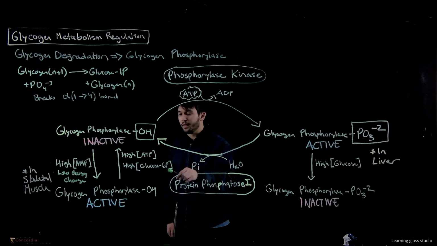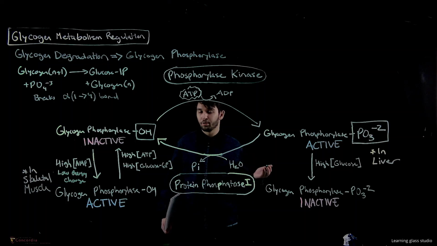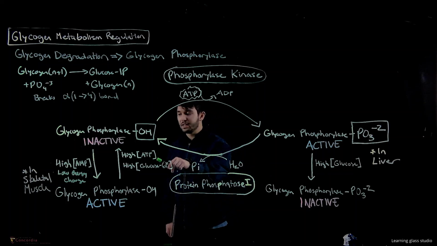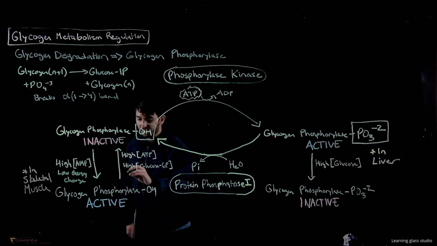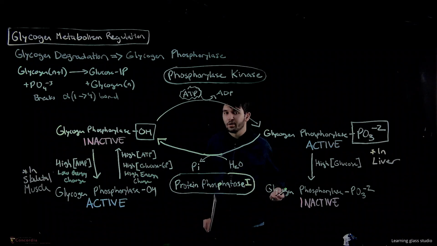On the opposite end, though, if we have a lot of ATP and a lot of glucose 6-phosphate, which is sort of a stand-in for the glucose concentration, so we have a lot of ATP, we have a lot of glucose. This indicates high energy charge. So the cell has a lot of energy. It does not need to make more energy. It does not need to do more glycolysis.